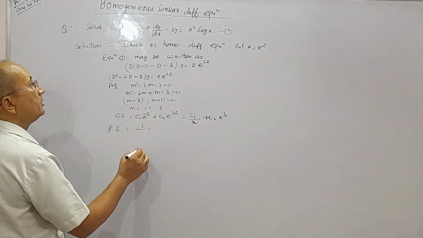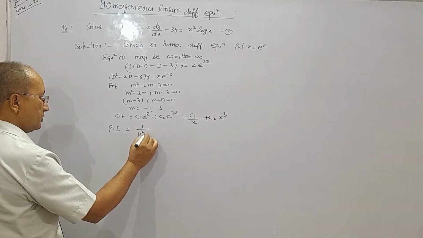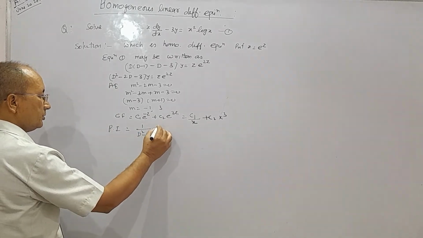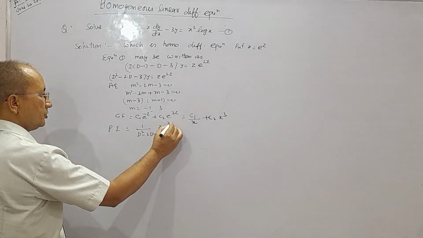PI equals 1 upon F(D) of Q, that is 1 upon D square minus 2D minus 3 z e to the power 2z.